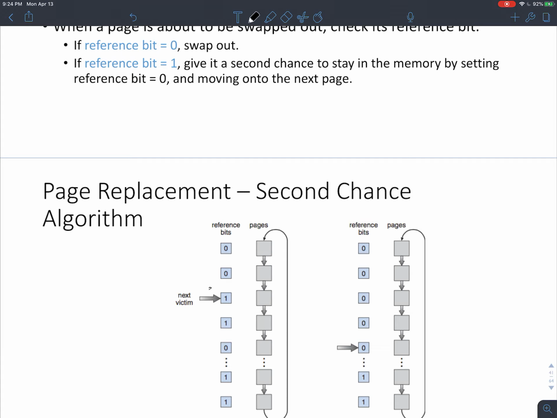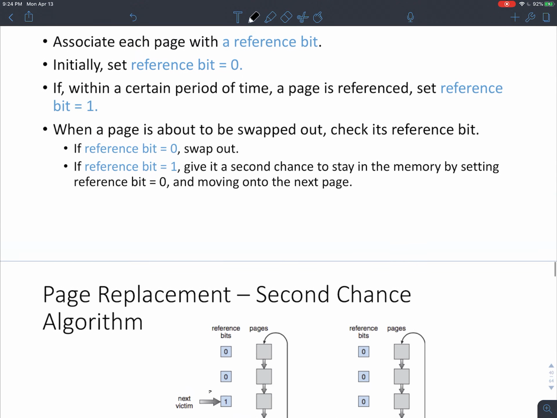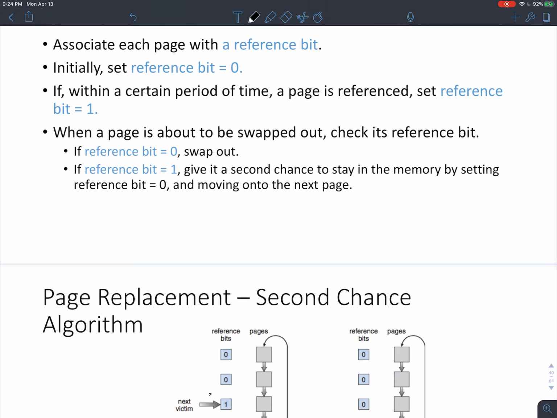If we see a page whose reference bit is 1, meaning that it has been referred to in the last period of time, it means that this page is going to be referred to relatively more frequently, so we want to keep it in the memory.